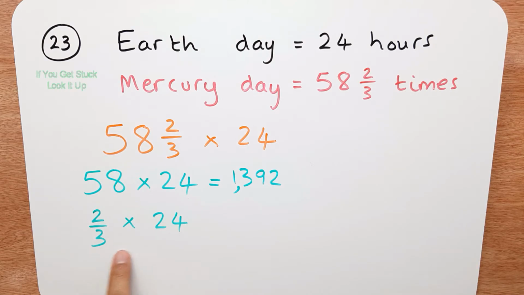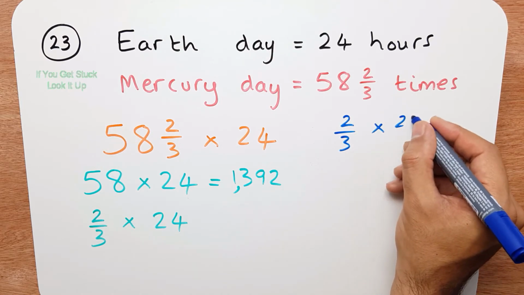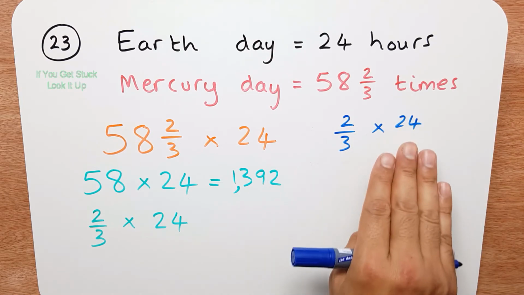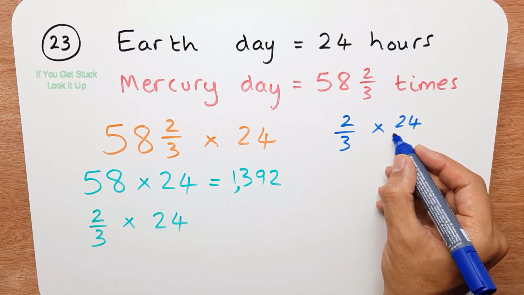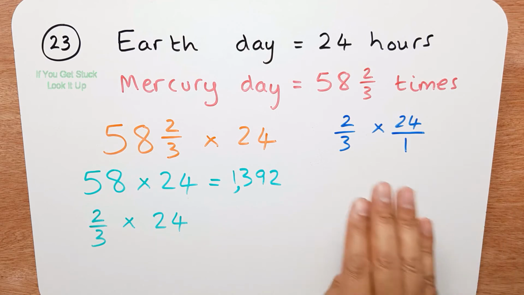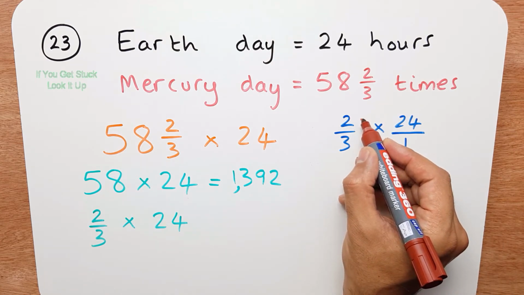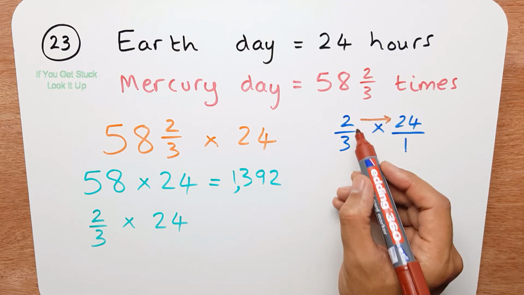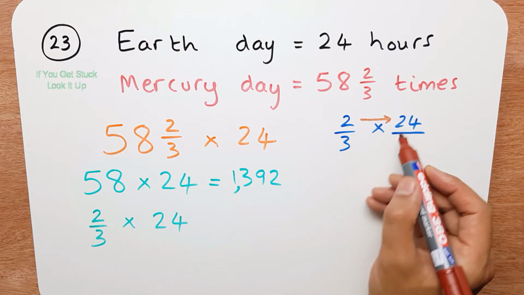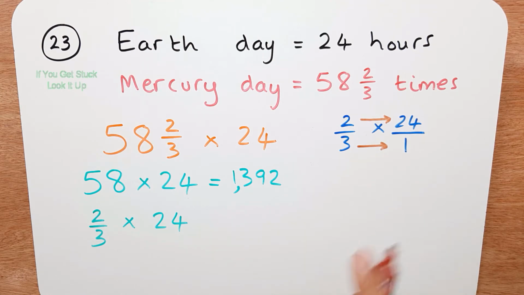Now we have to do this calculation. So let me write it down here. 2/3 times 24. And what I like to do is write this as 24 divided by 1. Now because I've got two fractions, and I know multiplying fractions, you multiply straight across: the numerator times the numerator and the denominator times the denominator.